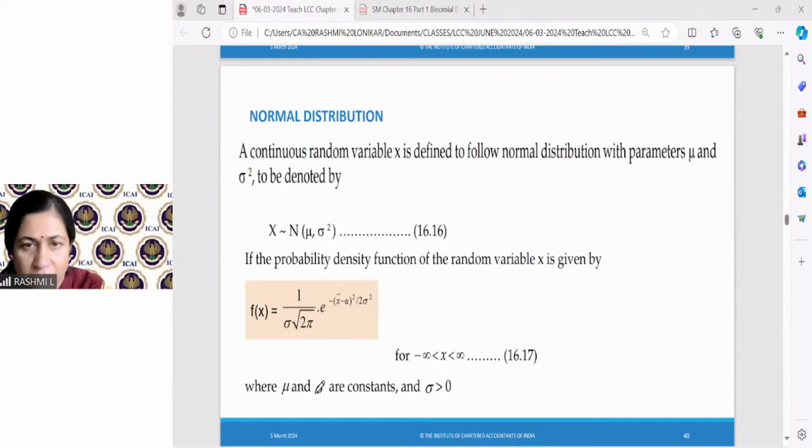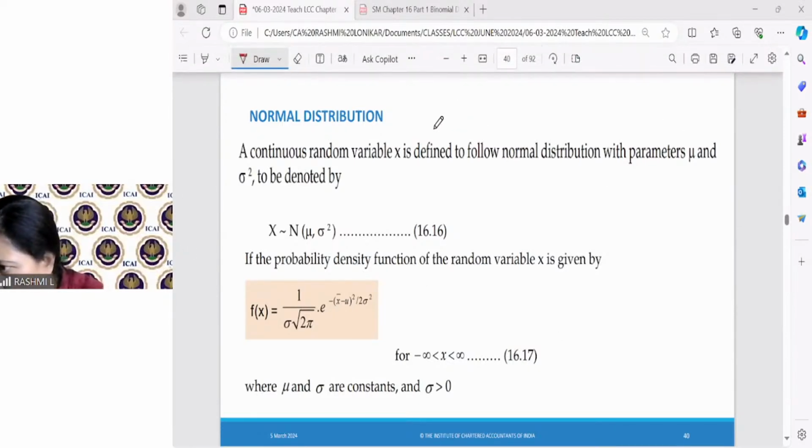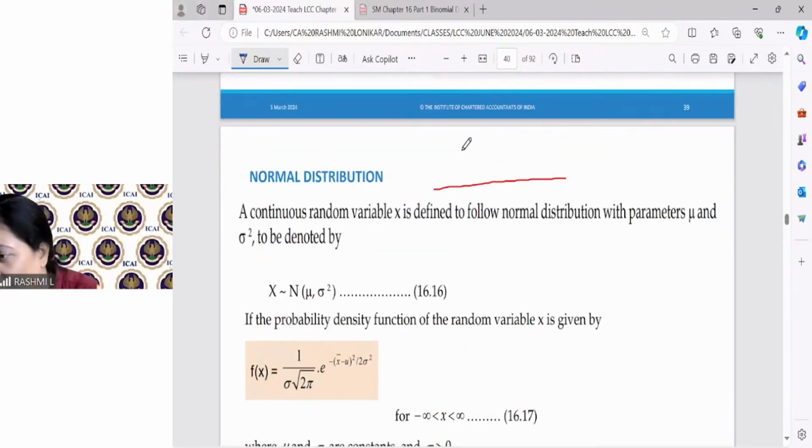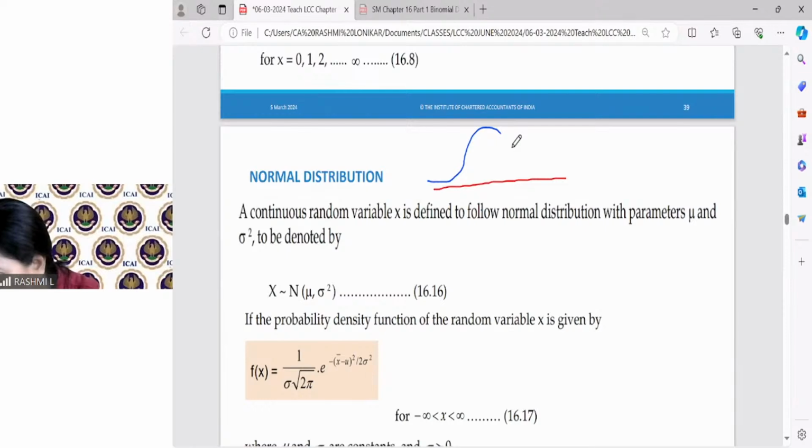But let me first tell you this. Let me try to draw and show you. I mean, this is the very classic one that we always see. I think we've also seen it in our school days. Okay. So you can see these are the tails.